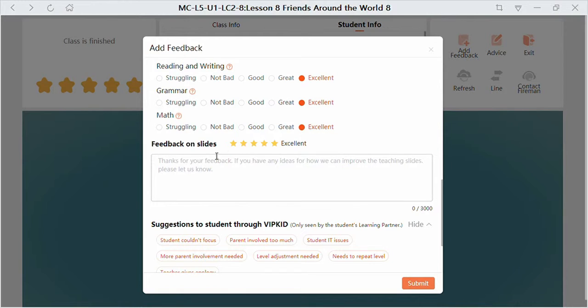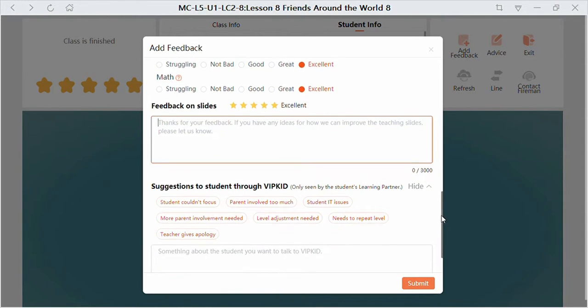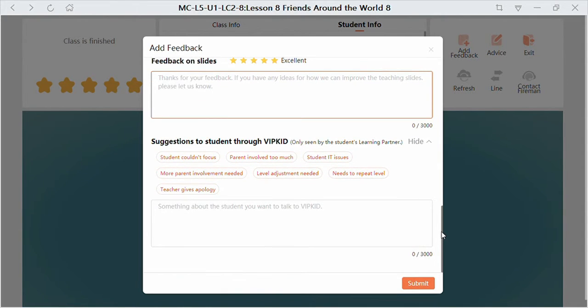So, for instance, say I notice, okay, slide 12 is very confusing. And then I might explain why the slide is confusing. And so they'll review it and say, okay, well, maybe if enough teachers submit that and say that slide 12 is confusing, they will say, okay, we need to fix that. So that is giving feedback for a lesson.